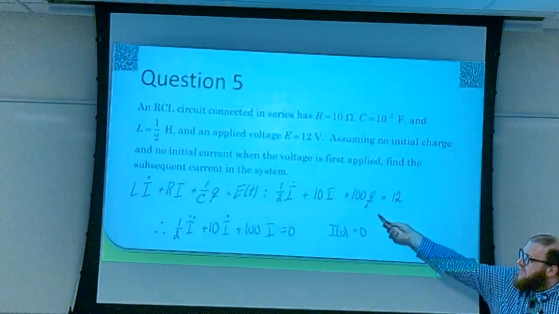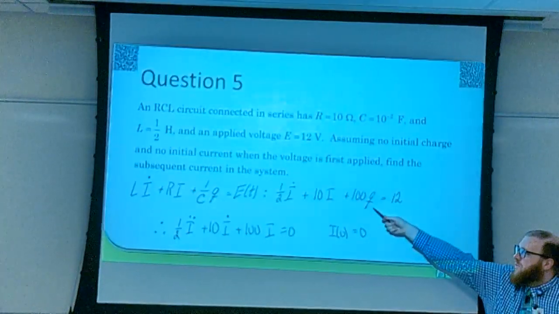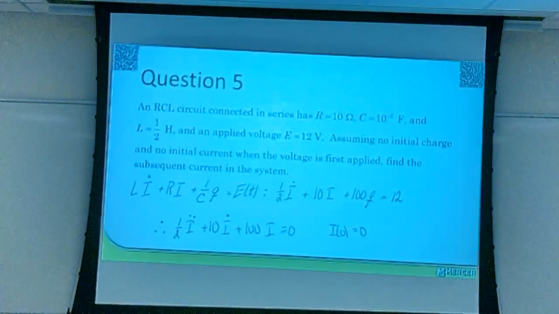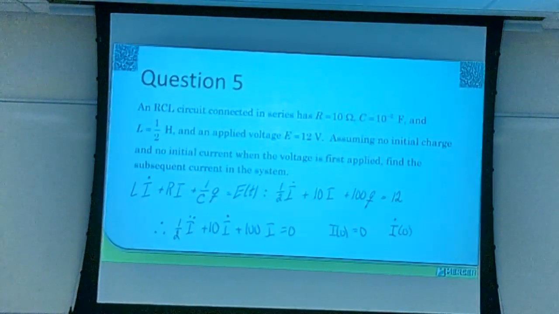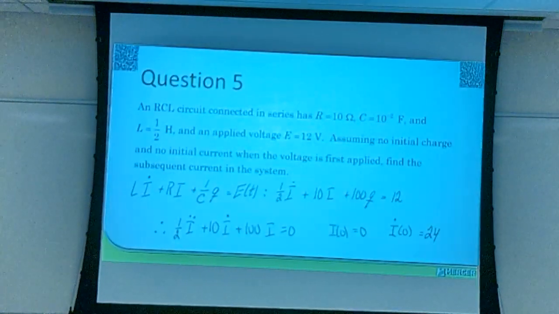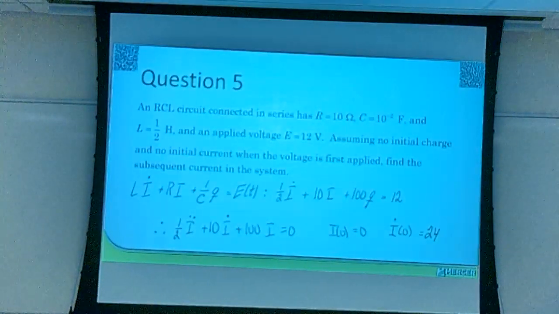Solve this for I dot, evaluate it at 0. Because you know Q of 0, you know I of 0. That will give you this. I dot of 0 is 24. That's the equation that you have to solve for current. I'll leave that for you to do. I'm assuming my notes are correct.